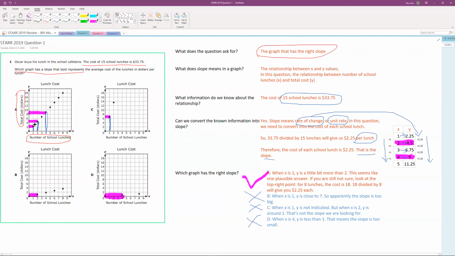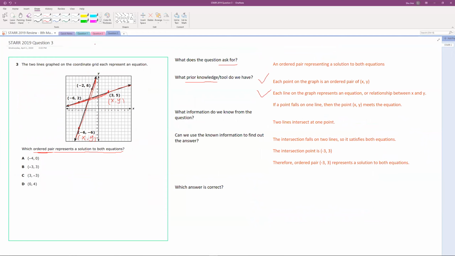If we connect these points, we draw a line, then this line represents a relationship. Different relationships give you different lines.